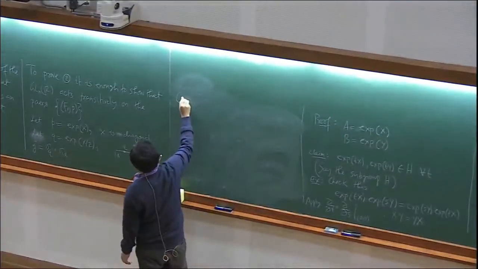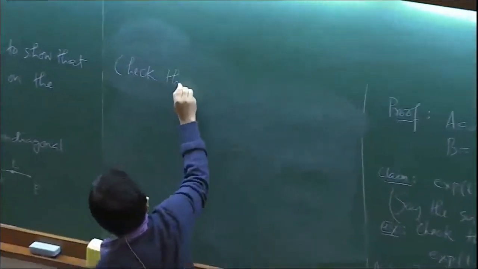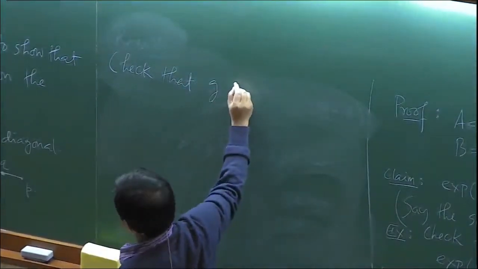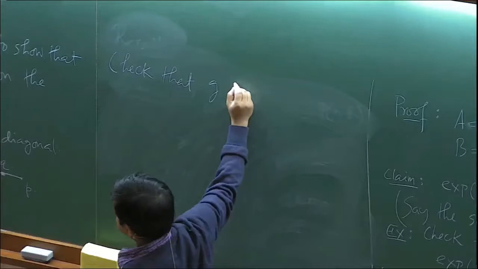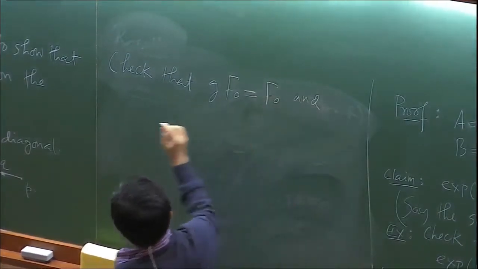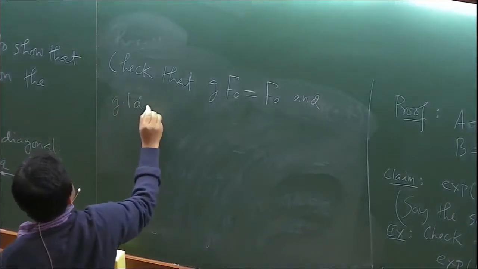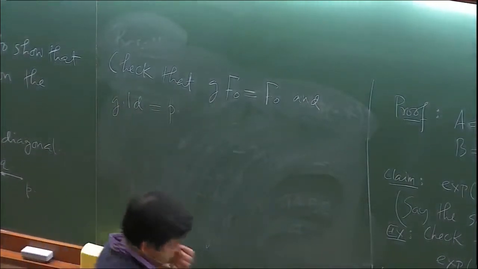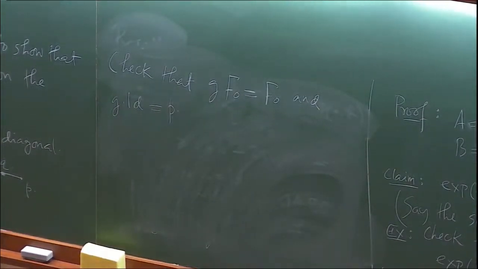So check that G of F naught equals F naught, and G of identity is P. So this proves number 2. And to prove number 3, what do I do?